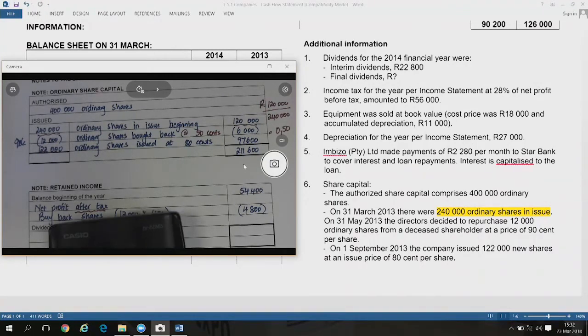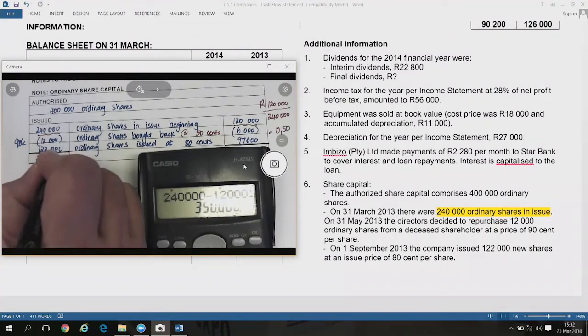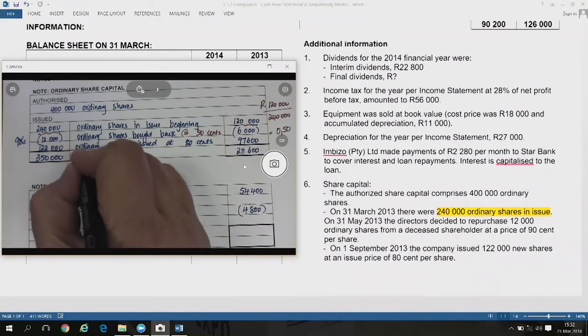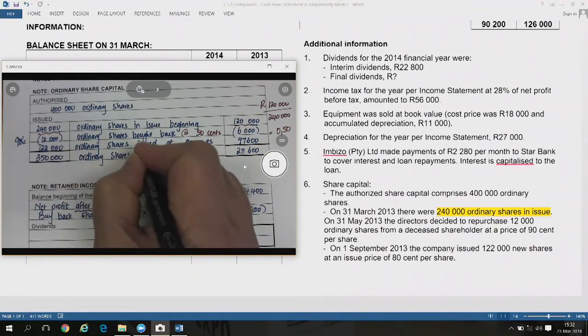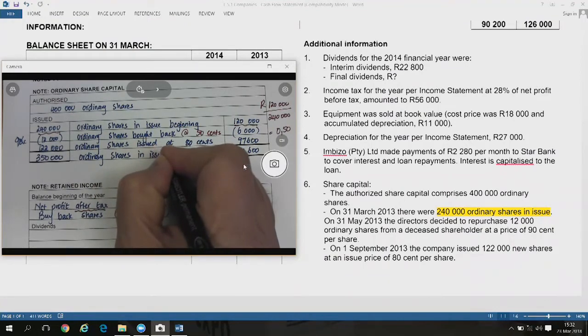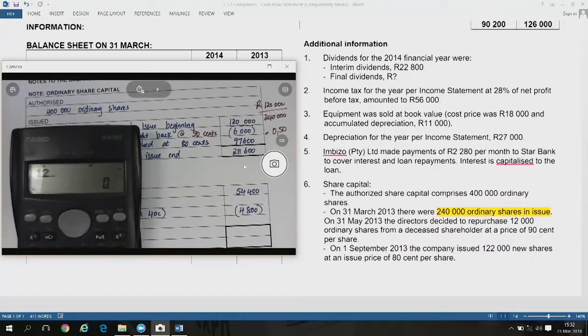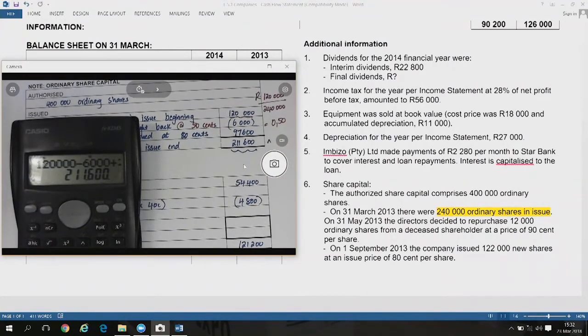That gives us 350,000 ordinary shares in issue at the end of the year. And on that side we've got 120,000 rand minus 6,000 plus 97,600, and that gives us 211,600, and that is exactly what we were looking for. So that is the correct answer.